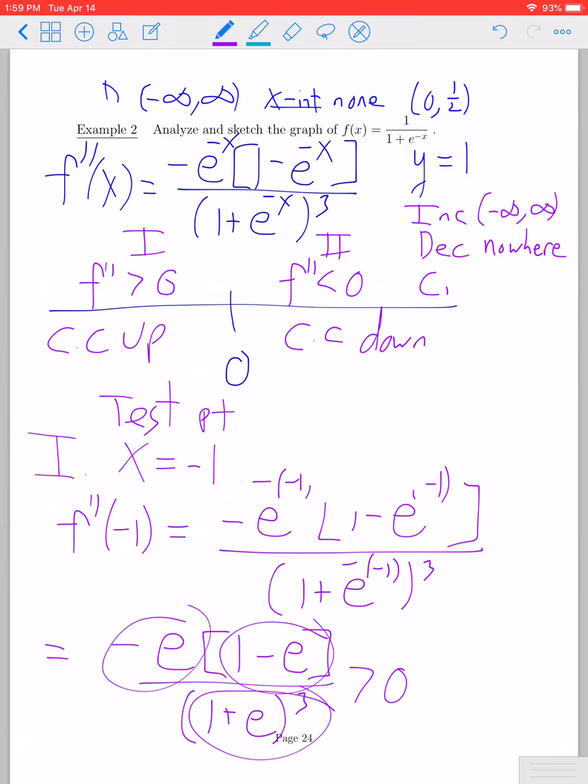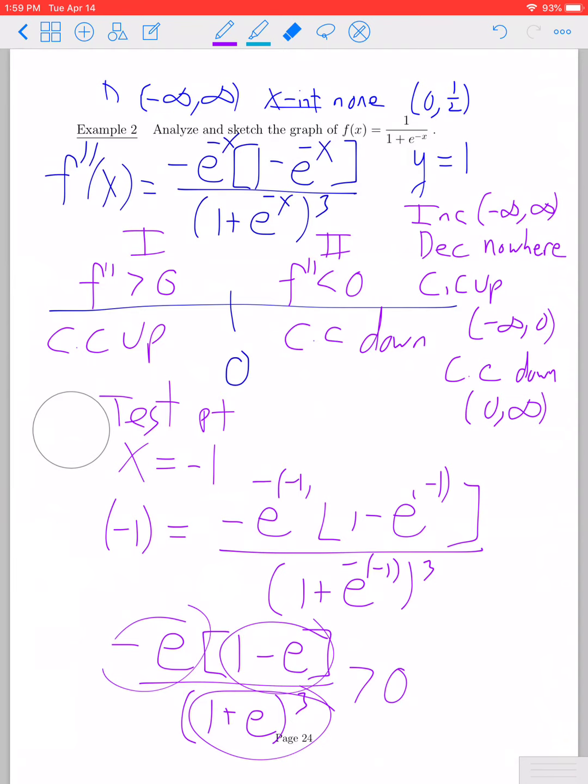The graph is concave up from negative infinity to 0, concave down from 0 to positive infinity, and because we have a change in concavity, that means that at x equals 0, there's going to be an inflection point.